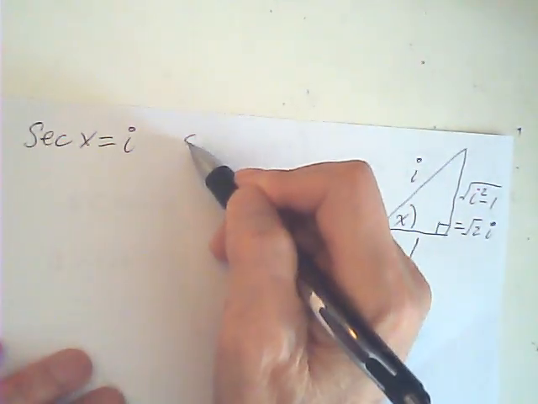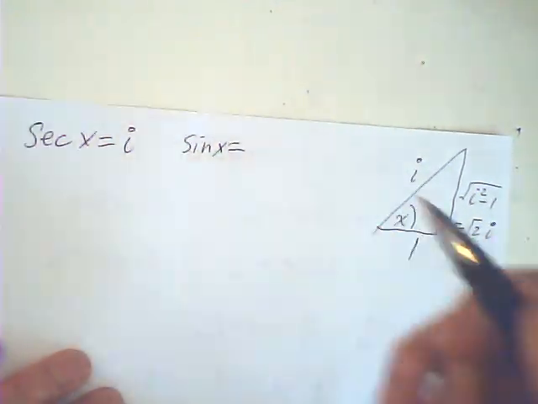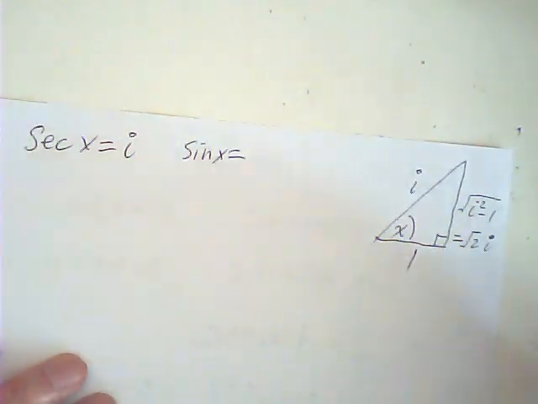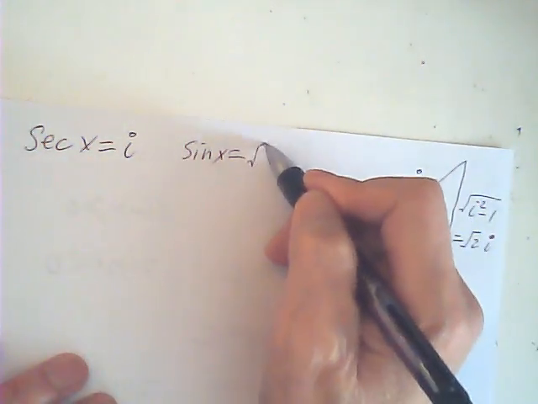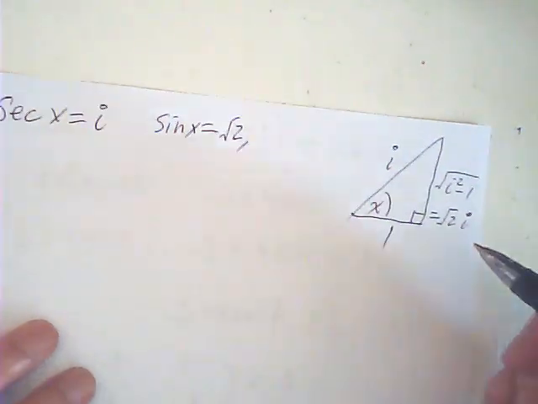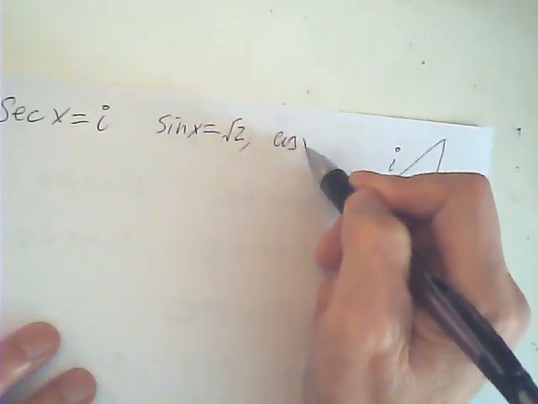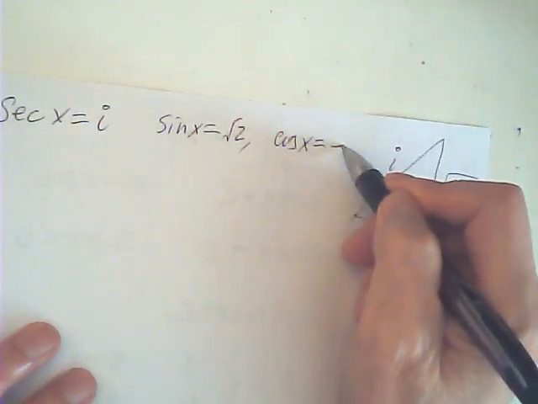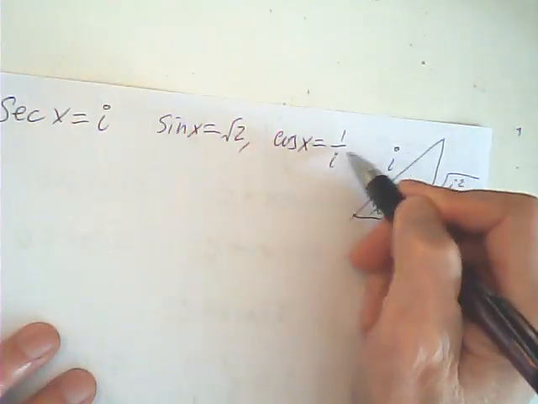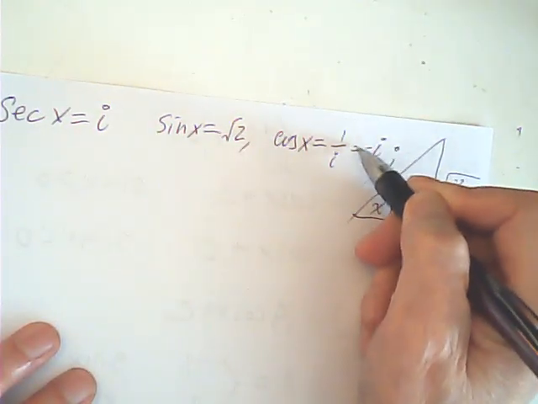So sine is equal to, sine squared is this over that, right? This over that. This is root 2. Cosine is equal to 1 over i, and 1 over i equal to negative i.